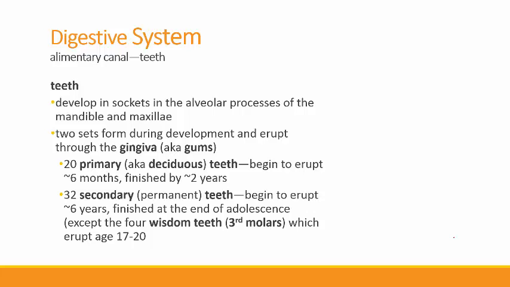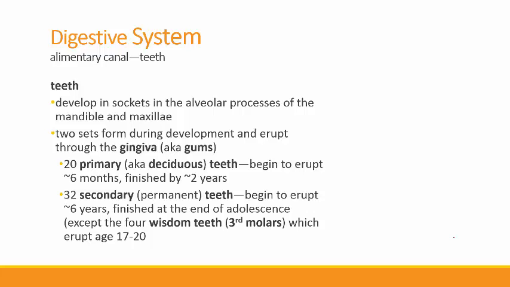So there's only 20 deciduous teeth, while 12 more teeth, let's see, that would be 3 on each side of each jaw. Additional ones erupt.